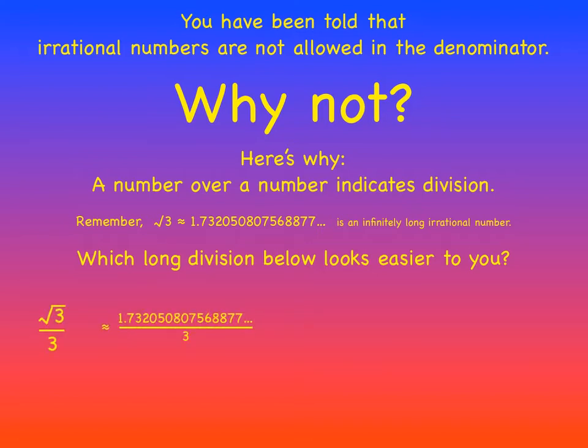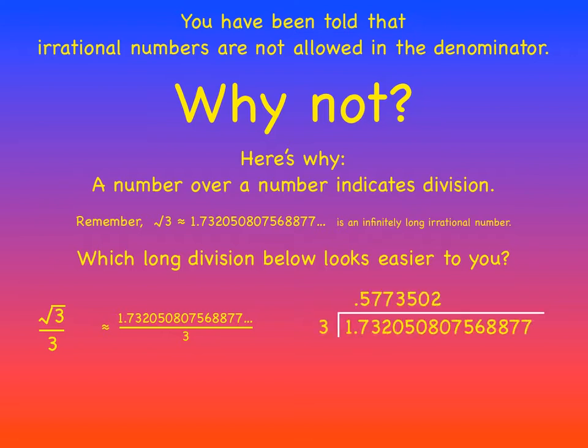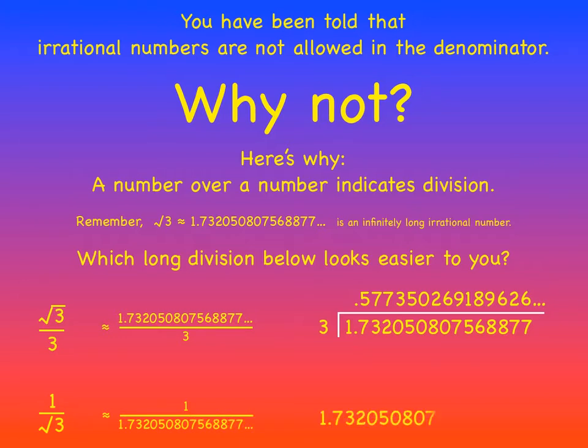Rad 3 over 3 is an infinitely long irrational number divided by 3. Well, we can do that. You just get another long number. Well, compare that to 1 over rad 3. That's 1 divided by an infinitely long, oh man, where would you start with that? Yeah, well, that's why we don't want to have irrational numbers in the denominators. They're pretty hard to deal with.